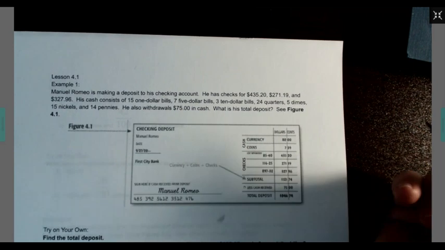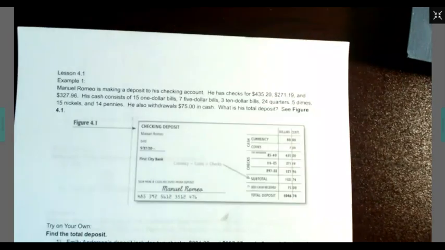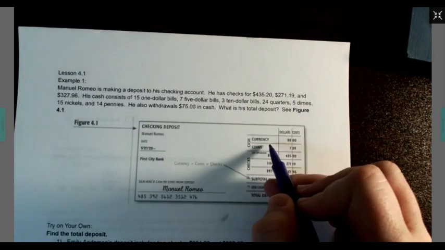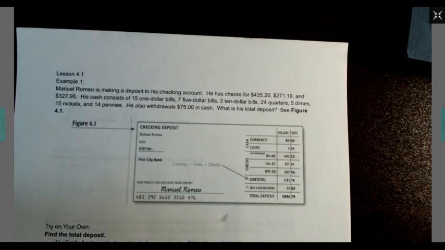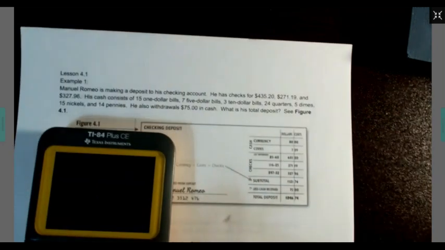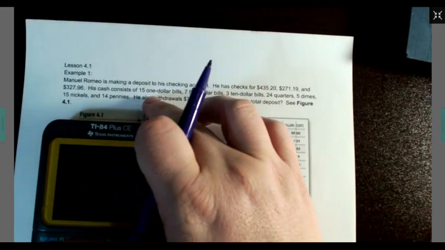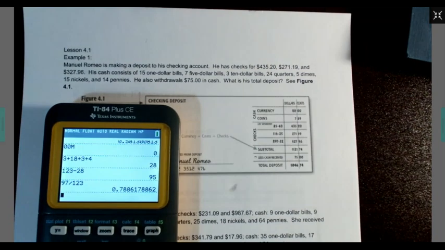All right, so let's take a look. It says we have currency. Currency are paper bills, okay? So ones, fives, 20s, hundreds, you name it. Those are what we call our currency. So it says that he has 15 $1 bills, so 15 times 1.